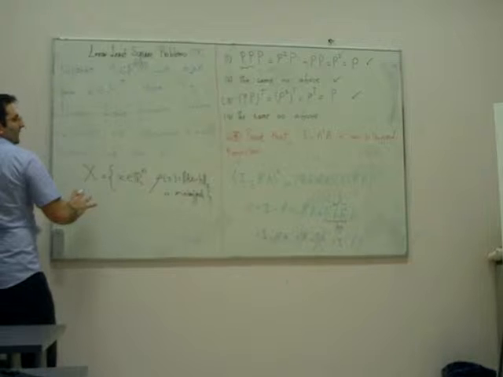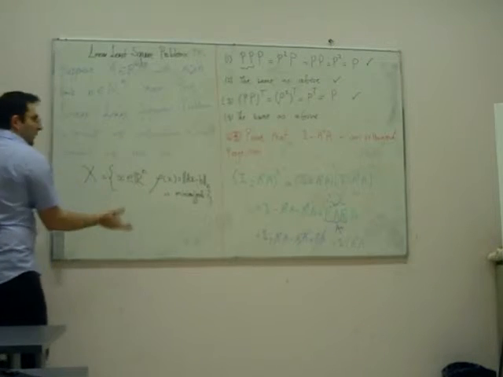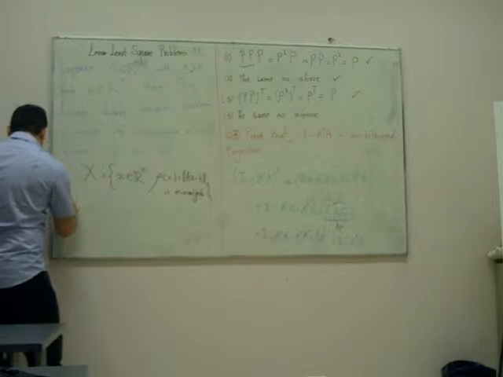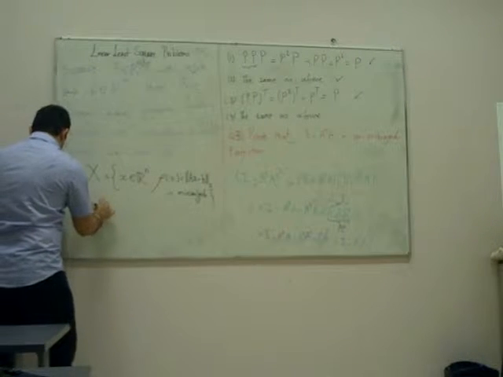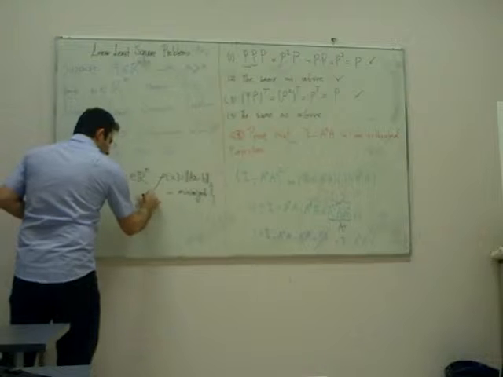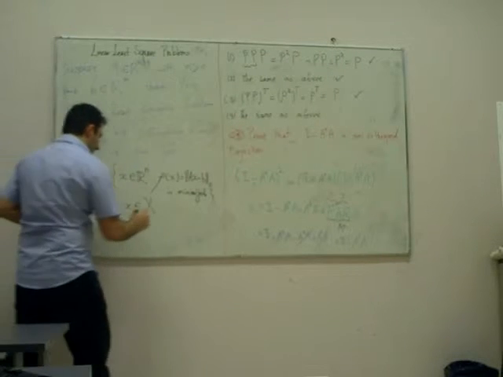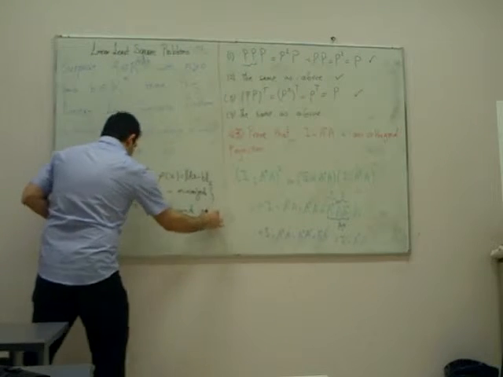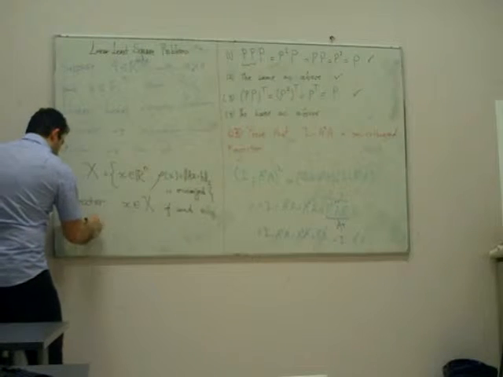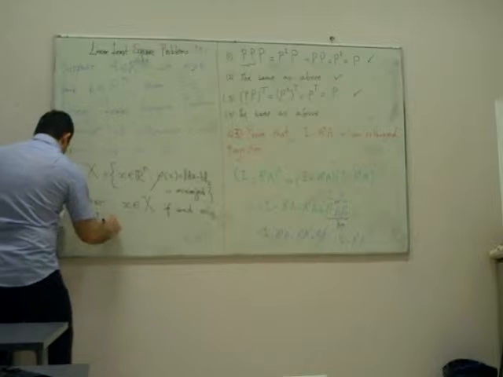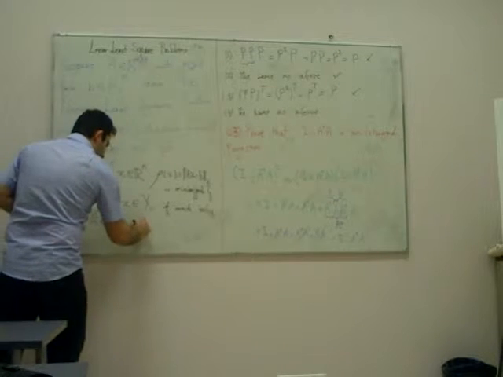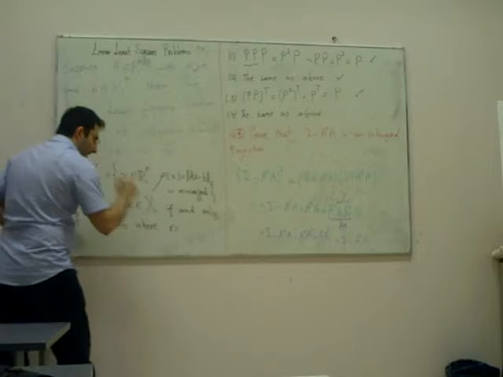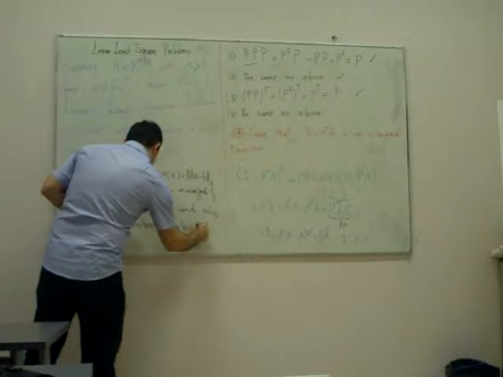So, let's continue, and then I will tell you some other visual representation. A vector x belongs to vector space X if and only if A transpose r is equal to 0, where r is equal to b minus Ax.